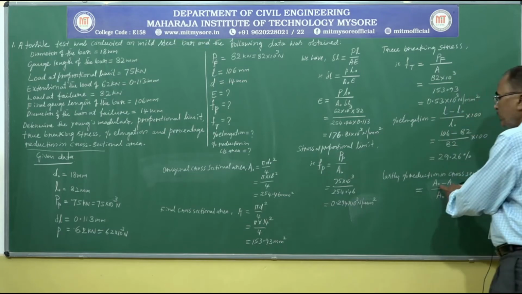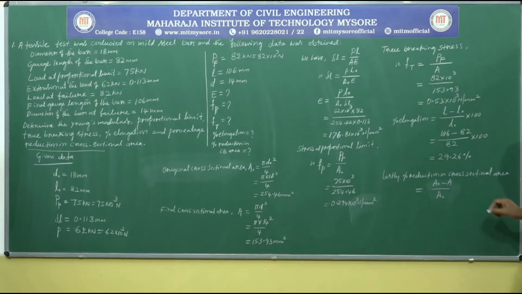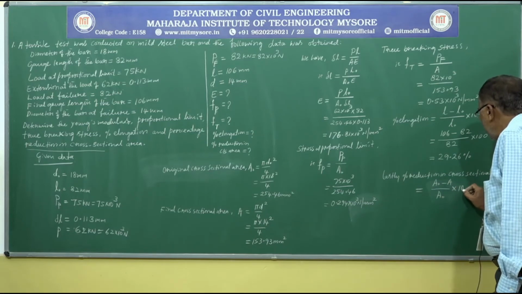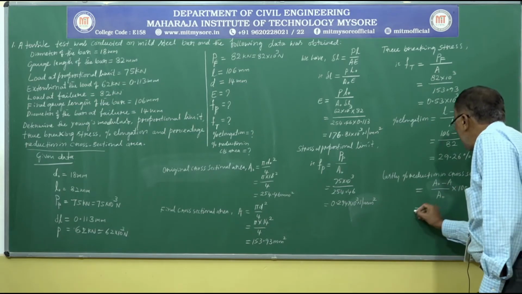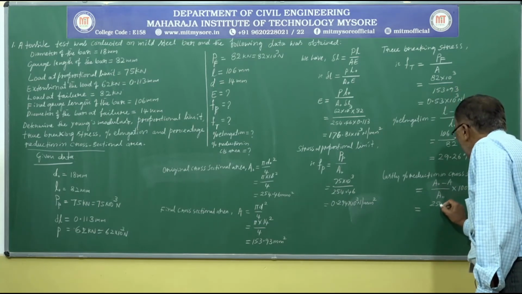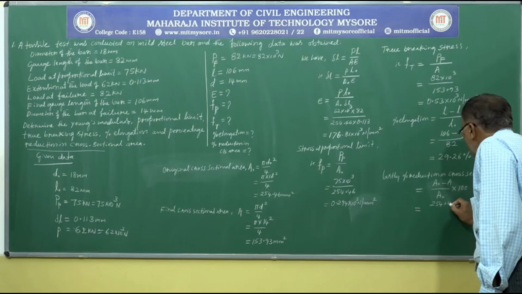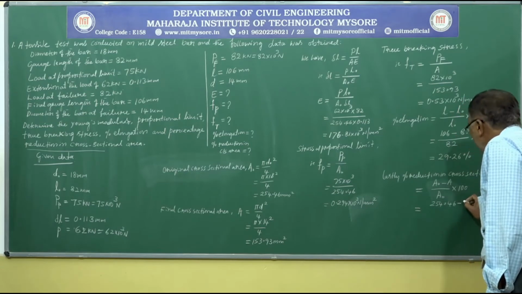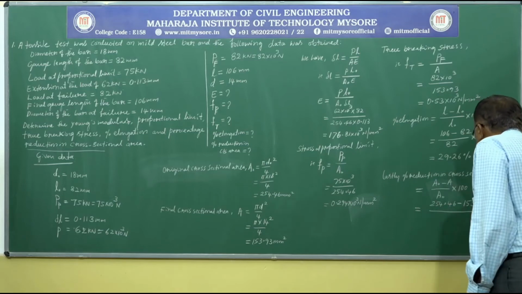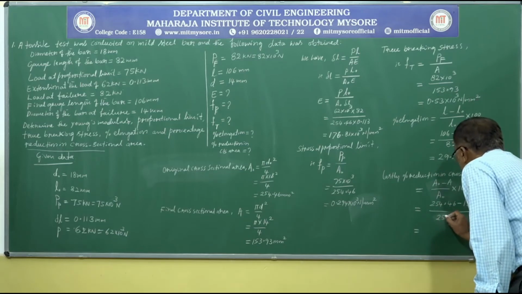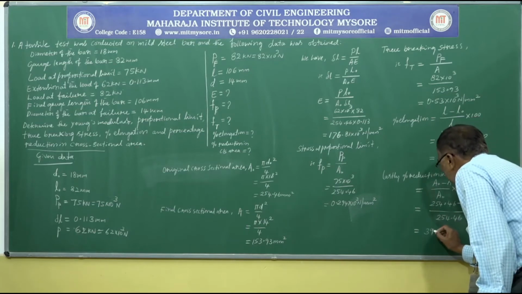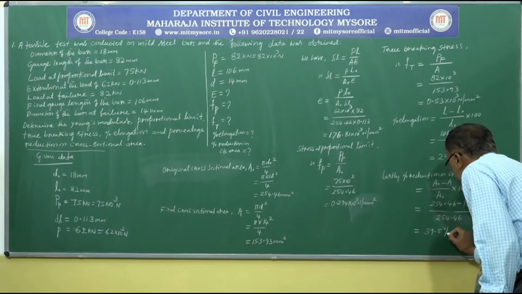The original cross-sectional area is more than the final cross-sectional area. So, (A naught minus A) divided by A naught multiplied by 100 is equal to (254.46 minus 153.93) divided by 254.46, which is equal to 39.5%.